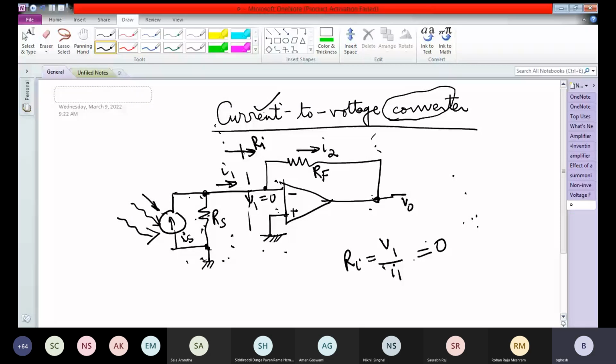So RS is very much greater than Ri. Therefore, the current I1 will be approximately equal to IS.